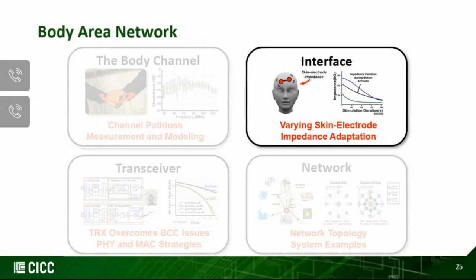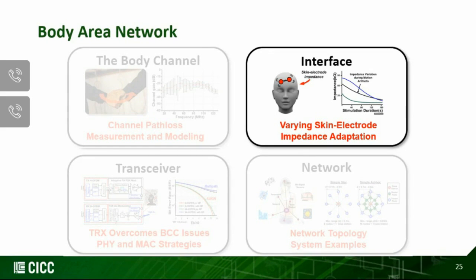Okay, so now we know the characteristic of the human body channel as a capacitive coupling medium, and we have seen the problems. Then let's now look at how to resolve the interface non-idealities, such as varying skin electrode impedance.